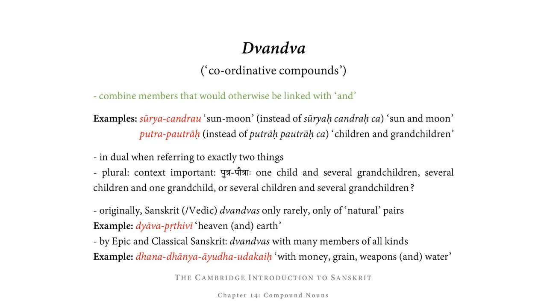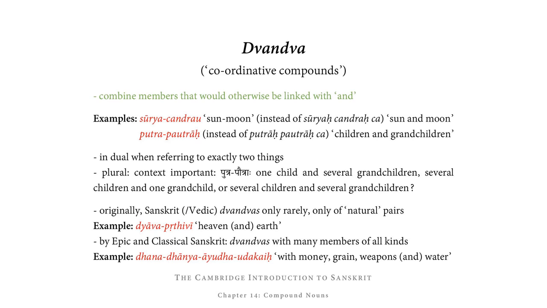But when dvandvas stand in the plural, then the context of the word in its sentence is important, because putra-pautrah is more than two of these. So it could be one child and several grandchildren, several children and one grandchild, or several children and several grandchildren. Which of these we're dealing with, we can only infer from the context of the word.